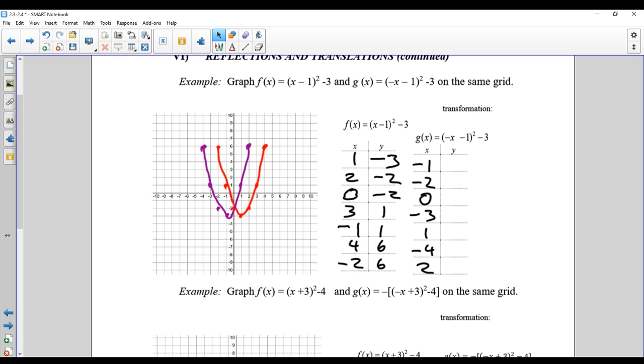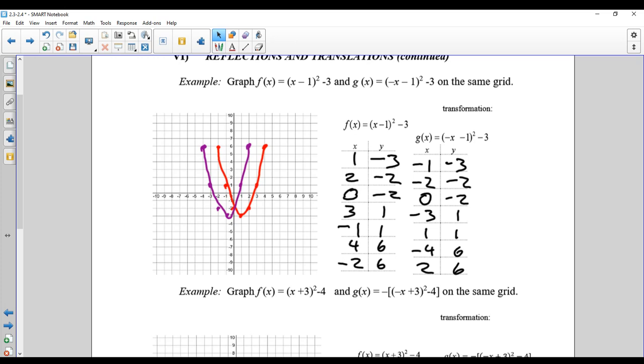They change sign. What happens to the y values? Nothing. Minus 3, minus 2, minus 2, 1, 1, 6, and 6.